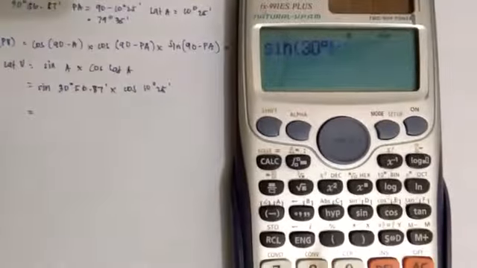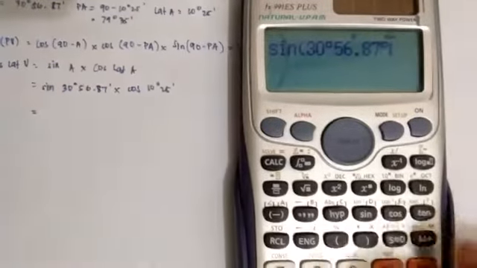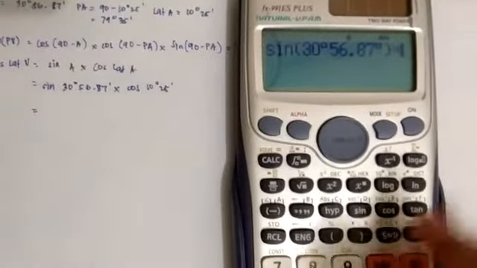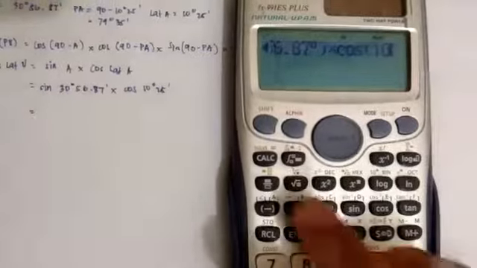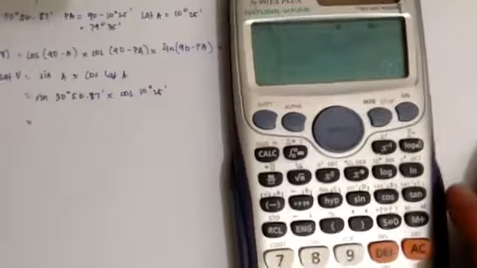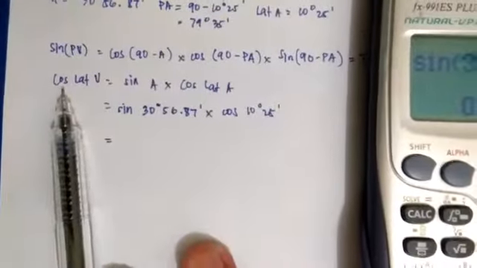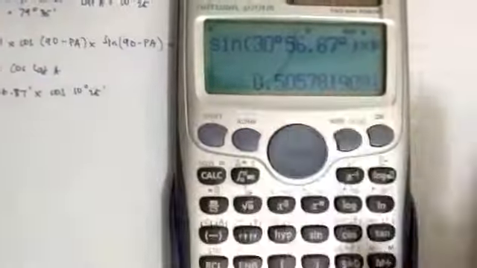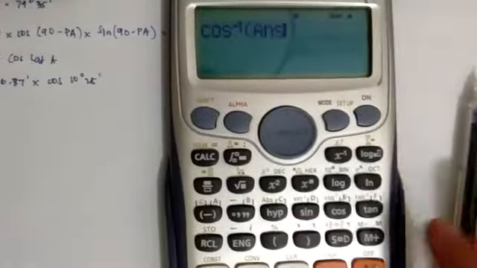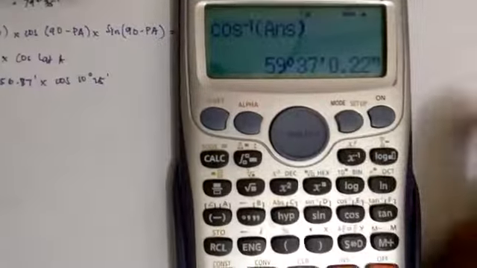Sine 30 degrees 56.87 minutes times cos 10 degrees and 25 minutes, and we will get this value. And since it has cos here, we need to inverse cos the answer, and we will get this degree.